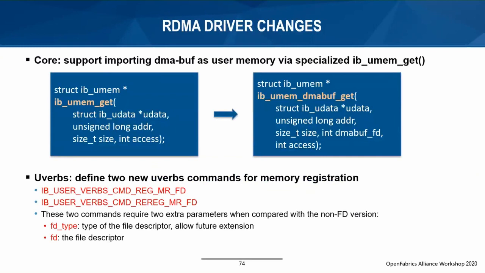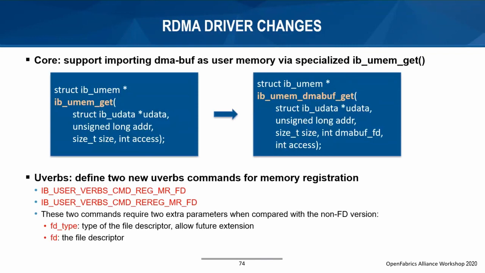Basically, in the memory registration path, ib_umem_get is called to pin the pages and get a list of DMA addresses. For the DMA-BUF, we need to use a specialized version. That version has an additional parameter to pass in the DMA-BUF file descriptor down to get all the information needed.